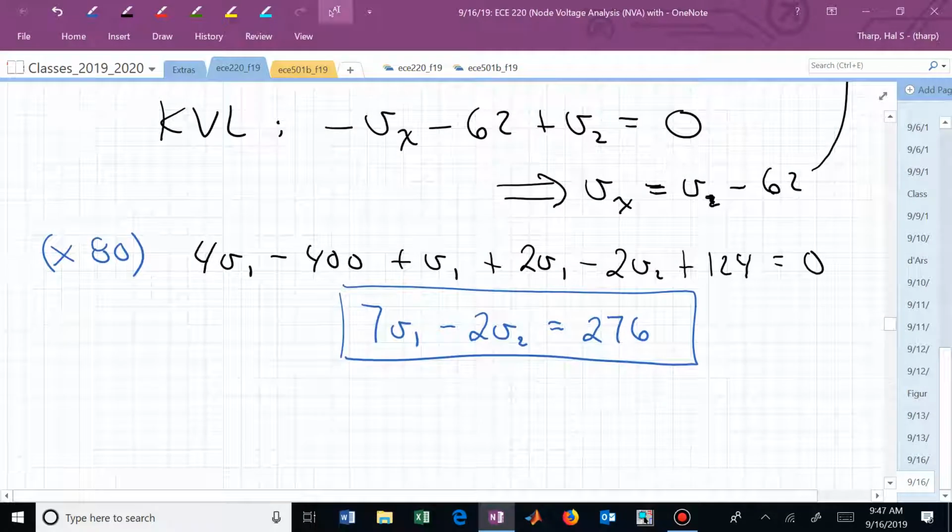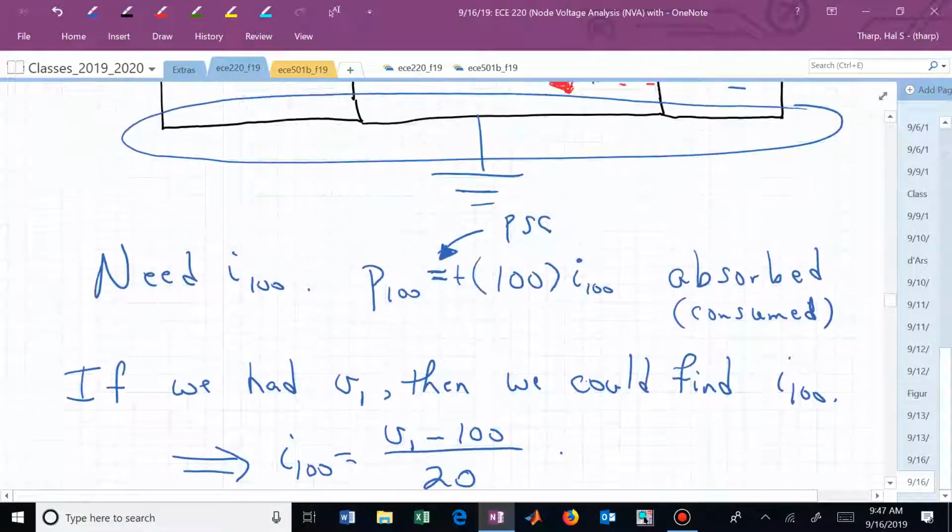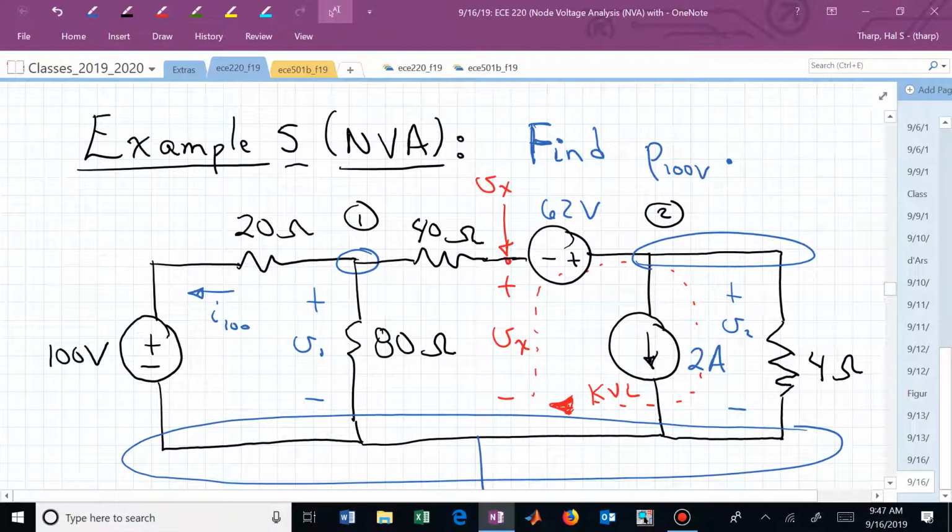Now I can write KCL at node 2. What's going to the left out of node 2? What current? What's the equation? I don't know, that source is messing me up. Well, the same current going through that source is going through that 40 ohm resistor, and that 40 ohm resistor has a current of V sub x minus V1 divided by 40.